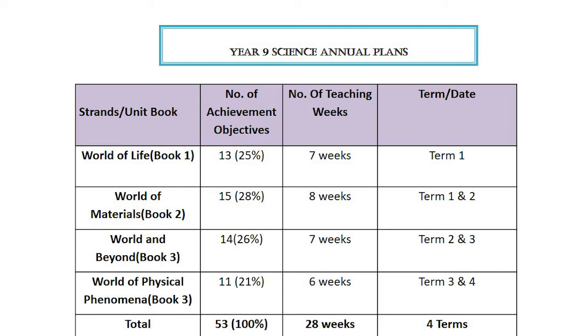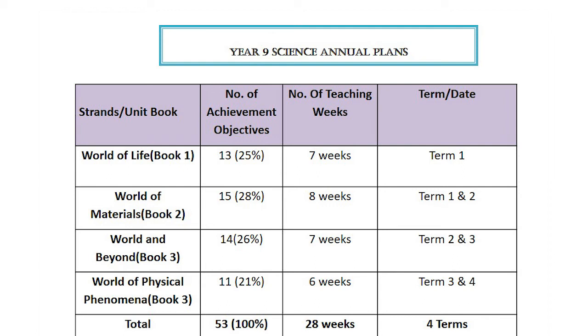And then the number of achievement objectives is given as you already calculated, listed here, and their percentage, and then the number of teaching weeks that you already calculated. So you have to write down all the information given before in this table.